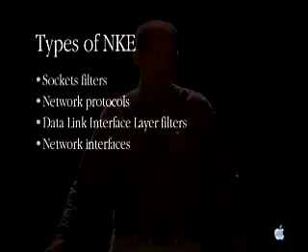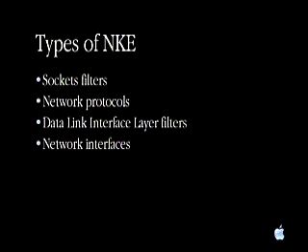So we alluded to this a little bit, but there are different types of NKE. Four main types. Socket filters. Socket filters are at the socket layer. We'll go into details on this. Basically, it lets you intercept socket calls. Network protocols can be implemented as NKE also, and there is a mechanism to add those network protocols to the Darwin stack dynamically.